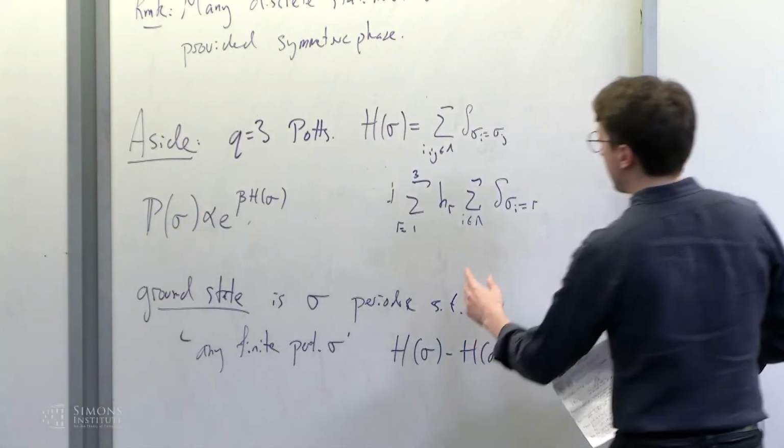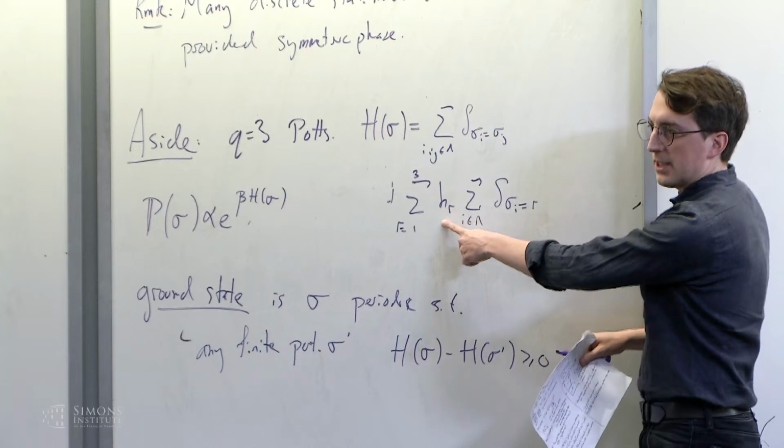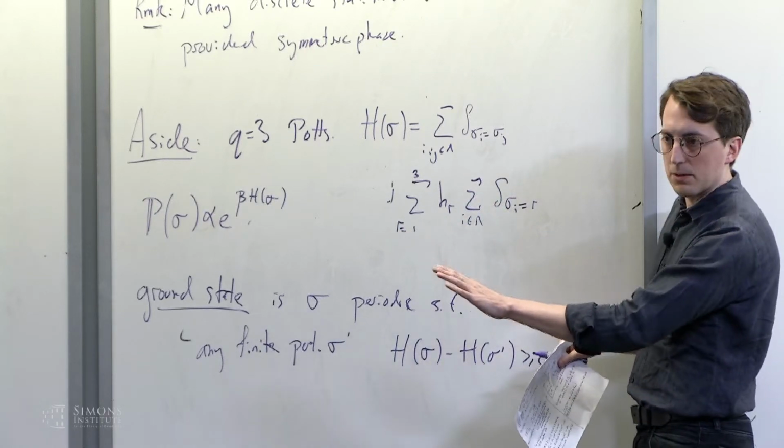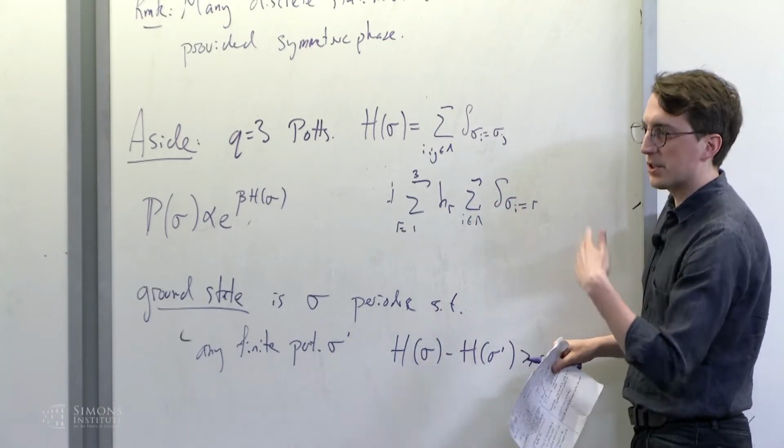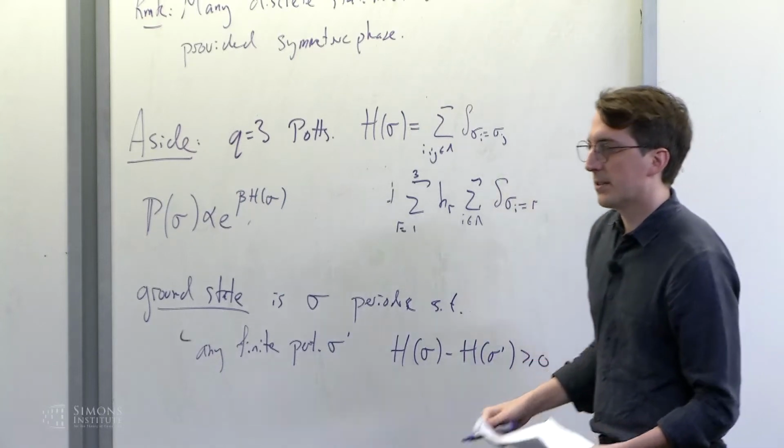So particular examples of this, if all of the h's are 0, then just taking all of the colors to be the same everywhere. So all just color 1, just color 2, and so on. Those are periodic ground states.